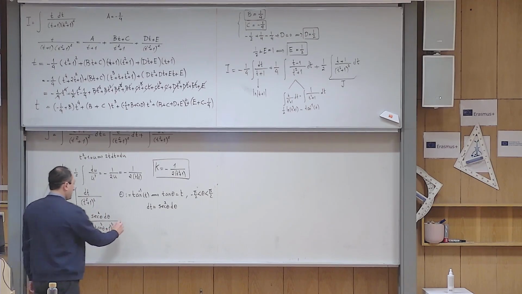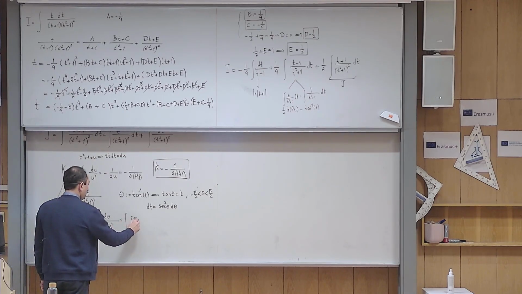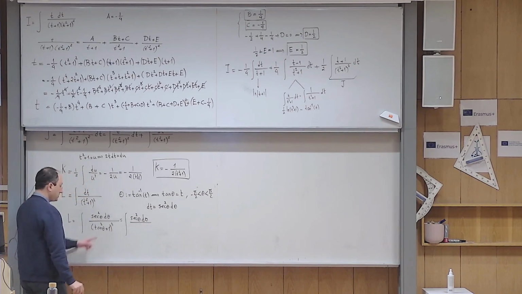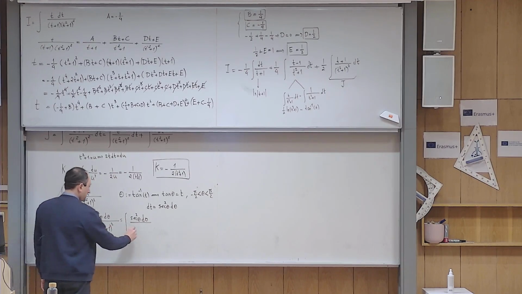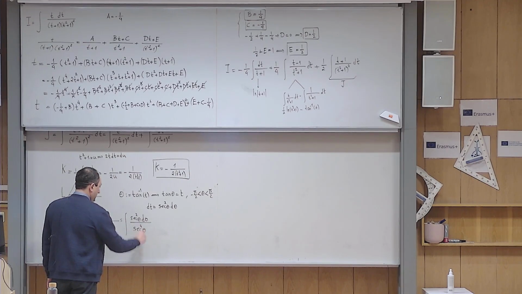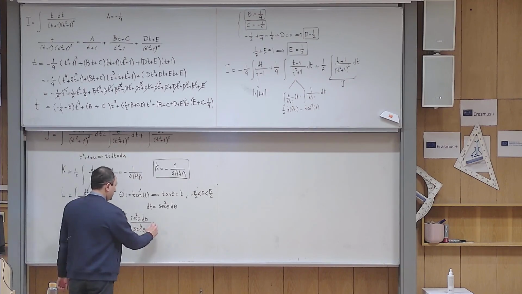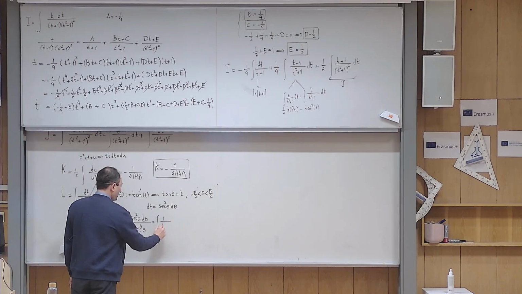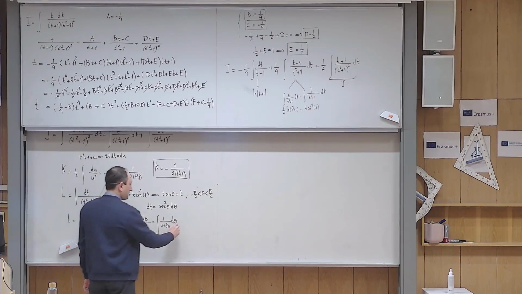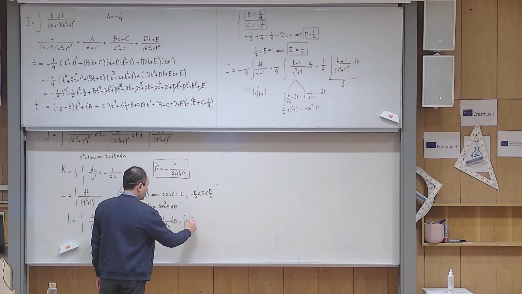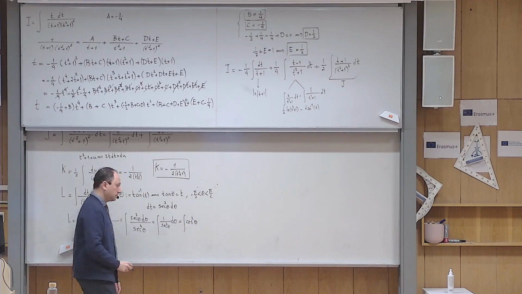But let me simplify this. It becomes secant theta squared d theta divided by this expression, which is secant theta squared, another power of 2, secant theta to the power of 4. So then I simplify it, it becomes integral 1 over secant theta squared d theta, but then it becomes cosine squared theta. Yes, because secant is 1 over cosine.